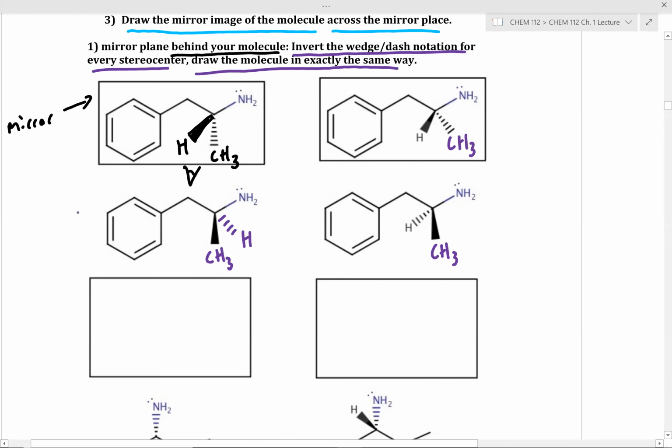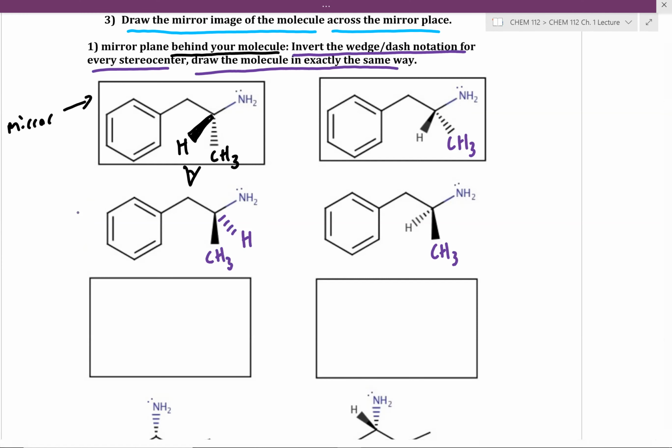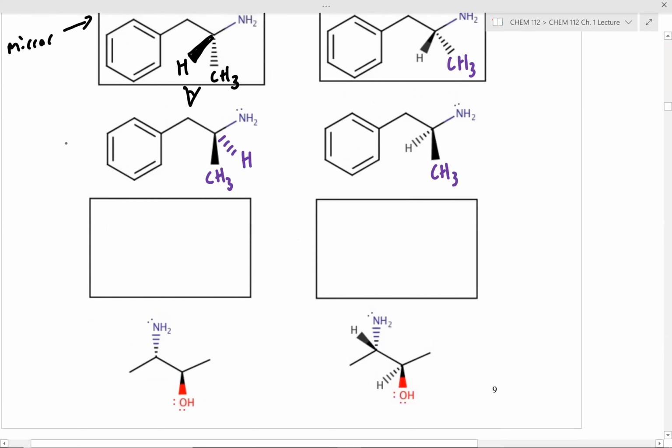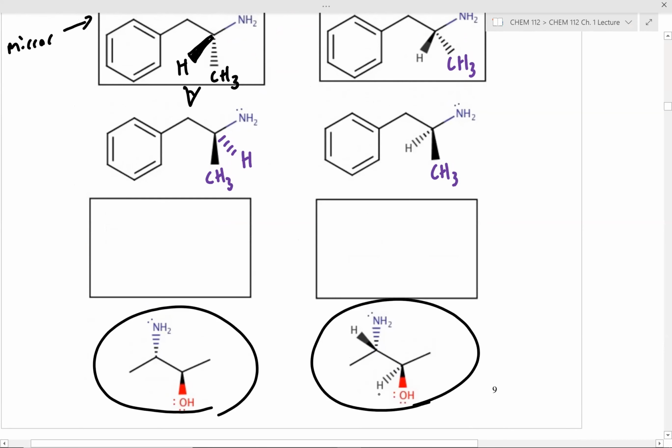Now, let's try together to draw a mirror image of each of these two molecules. Let's try to draw some mirror images now. So we're going to look at the bottom pair of molecules, and we're going to reflect each of these molecules about their mirror plane.